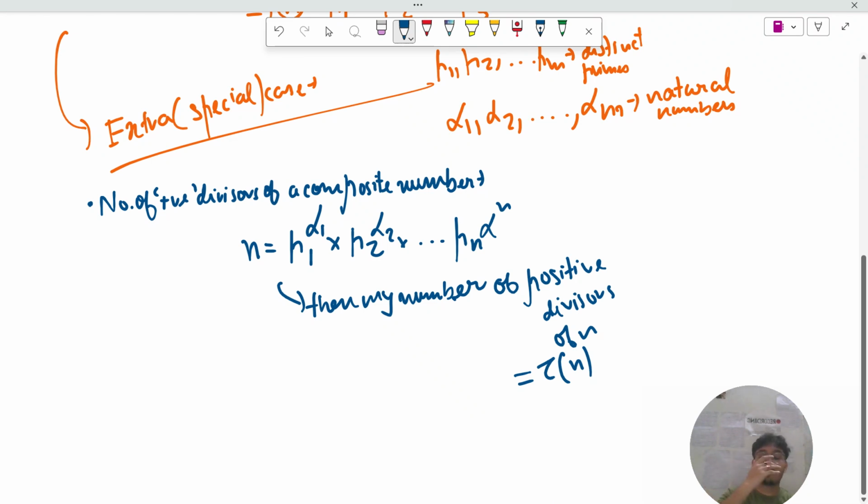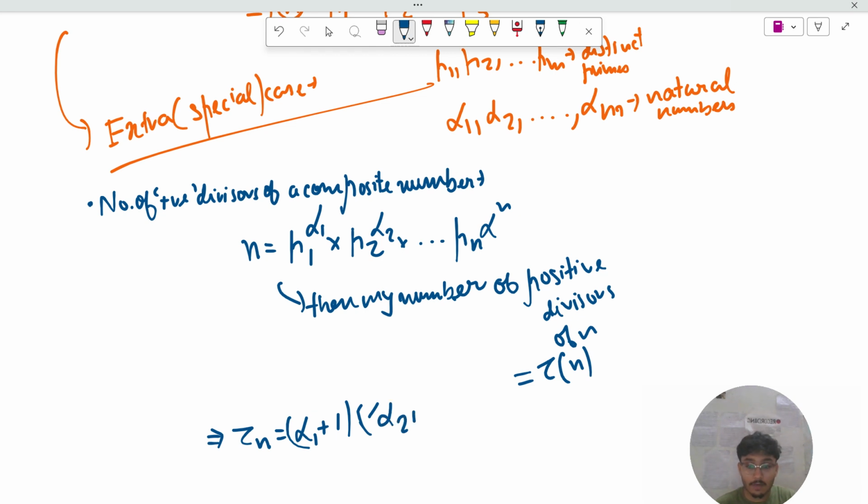So tau of n, the number of positive divisors of n, is equal to alpha 1 plus 1 into alpha 2 plus 1 into alpha 3 plus 1, dot dot dot, all the way till alpha n plus 1. Sorry guys, you might find some disruption in the video since it is lagging.